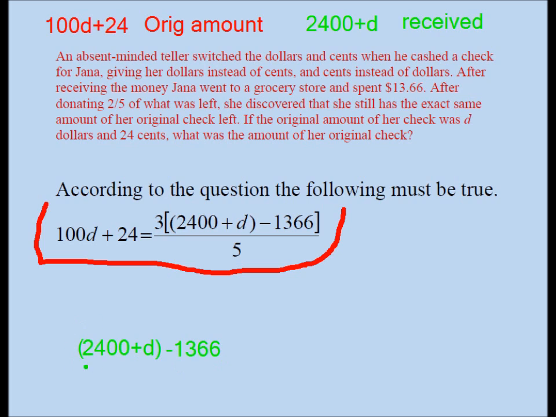Now note, then what did she do? She donated two-fifths of this amount. If she donated two-fifths of this amount, after she made her donation, she was left with three-fifths of this amount.